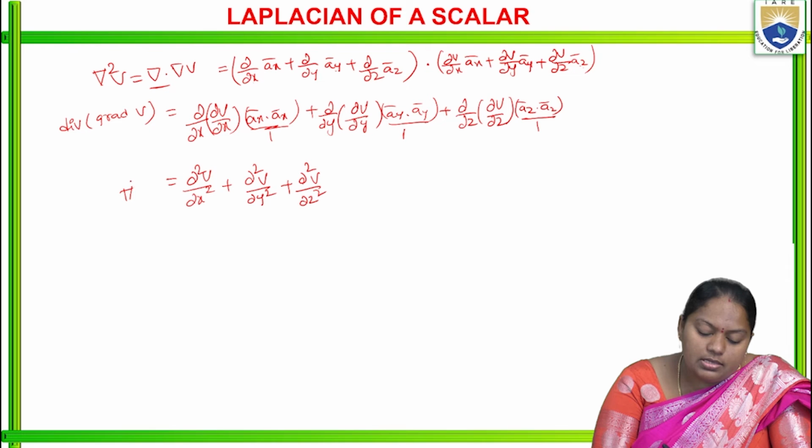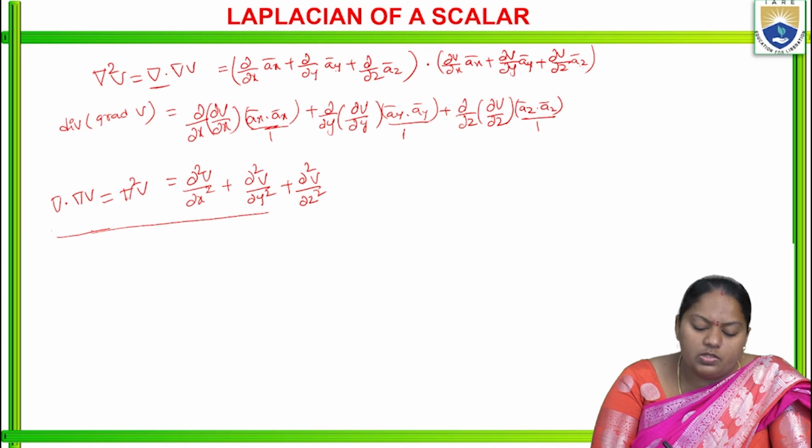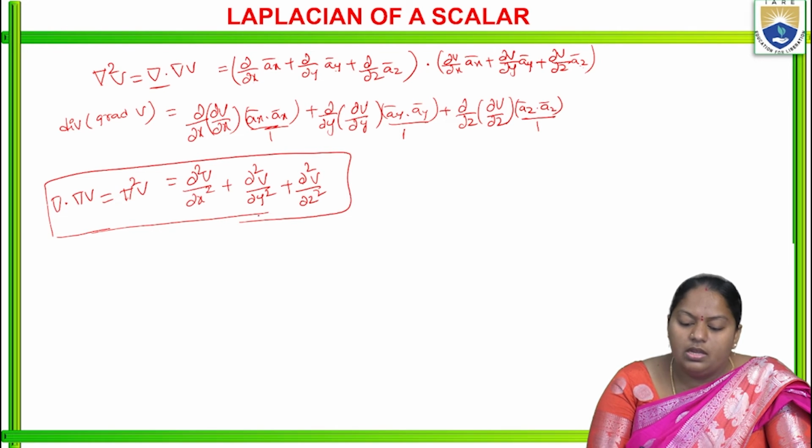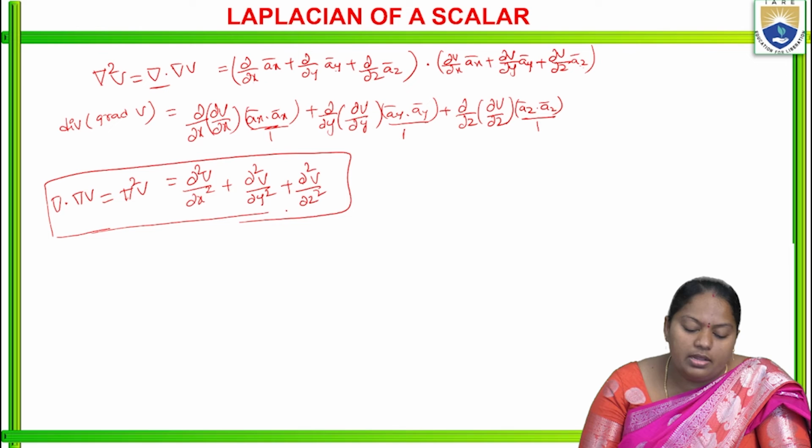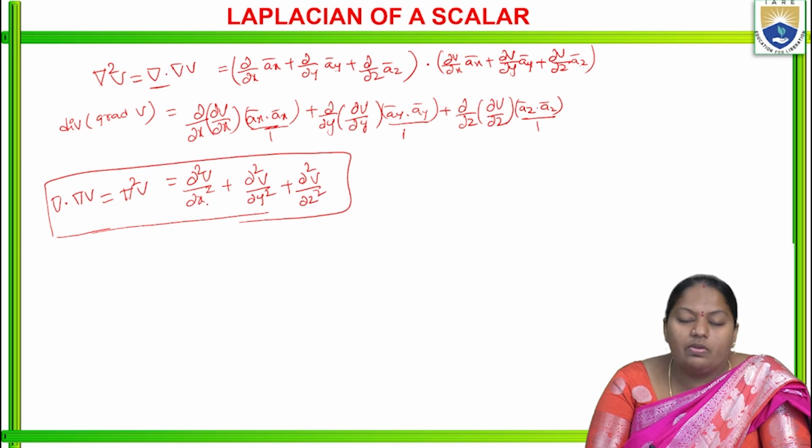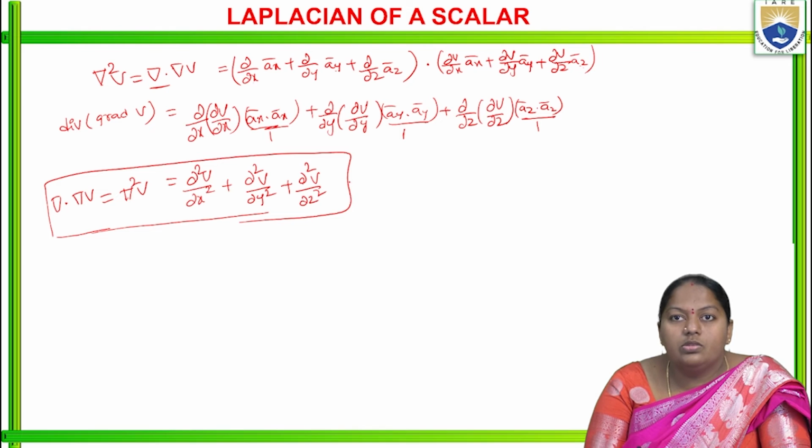This can be written as del square v, or del dot del v. So if you want to express the Laplacian of a scalar in the Cartesian coordinate system, the formula is given by ∂²v/∂x² plus ∂²v/∂y² plus ∂²v/∂z².